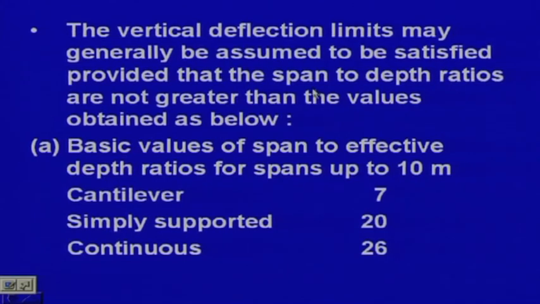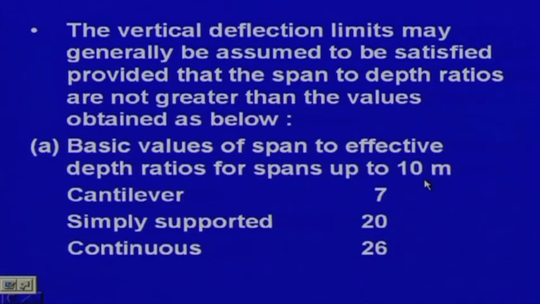If we take a certain ratio, which we can find out, the code says for a cantilever, L by D is 7. These are the basic values of span to effective depth ratios for spans up to 10 meter.